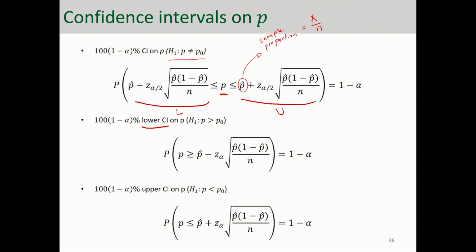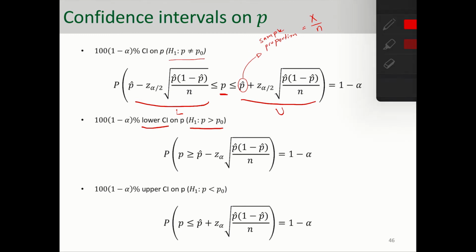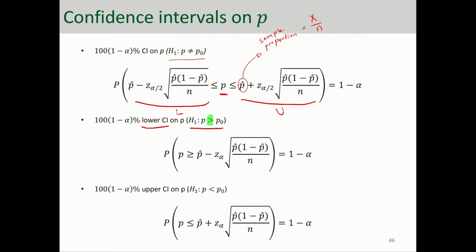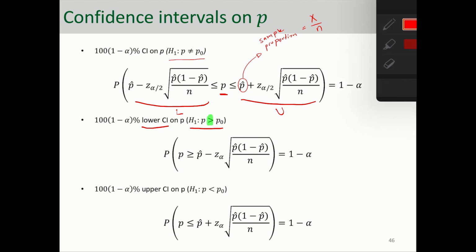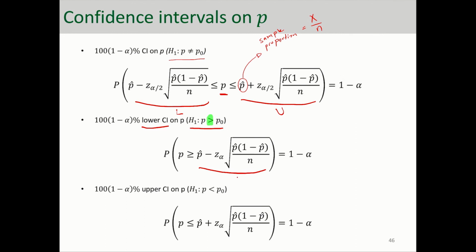And that's the two-sided confidence interval. This is the lower confidence limit when your test is one-sided of type more than. These are important to remember. So you basically calculate the lower confidence limit only. And as you can see, the difference here is the same as other tests that we had before. Here it is z of alpha, where in the two-sided test you have z of alpha over 2.